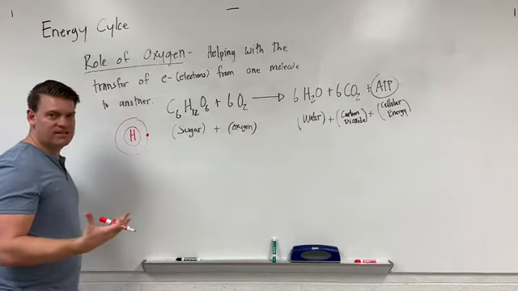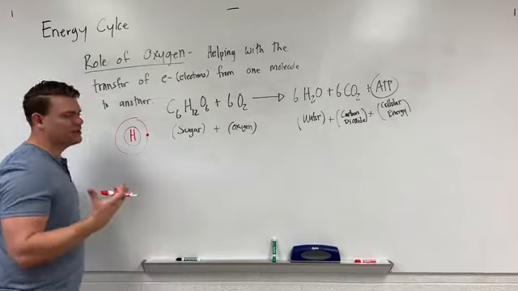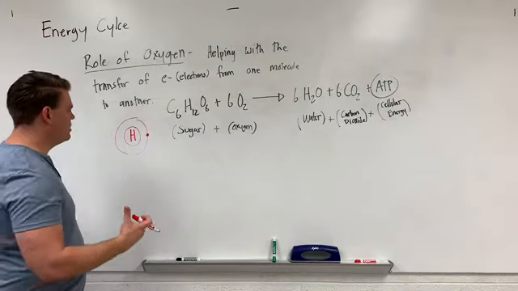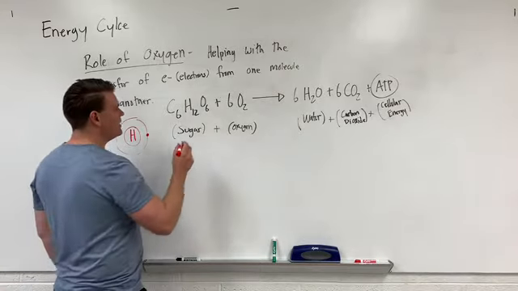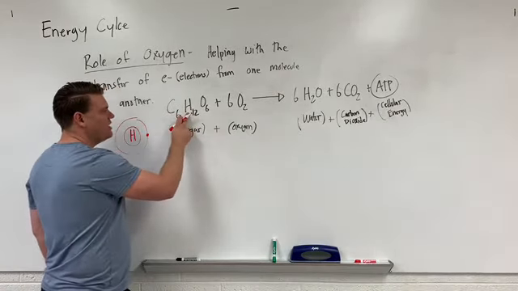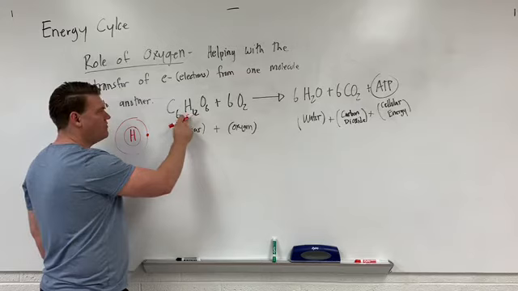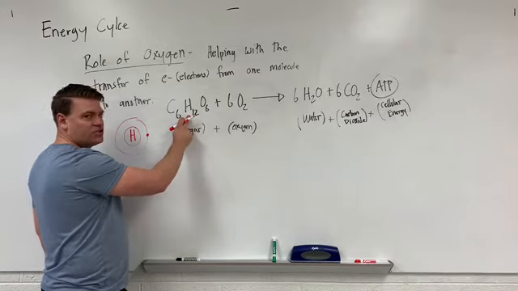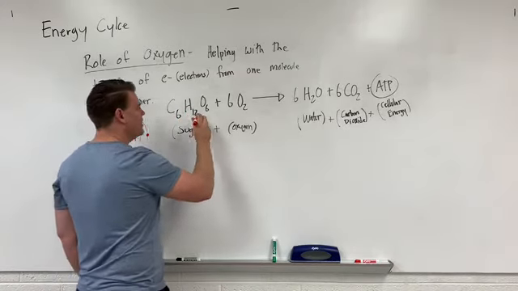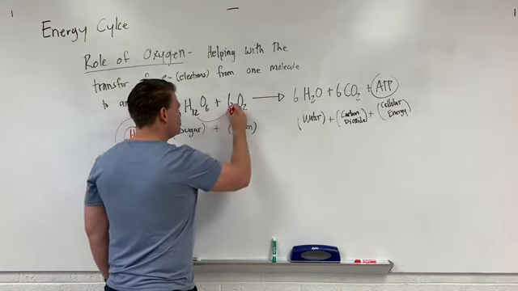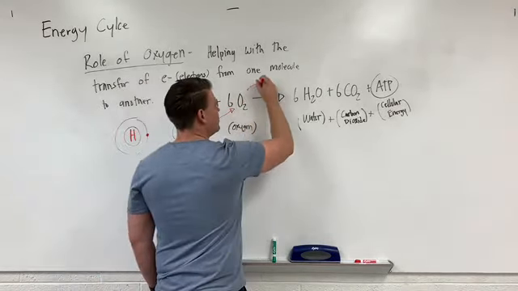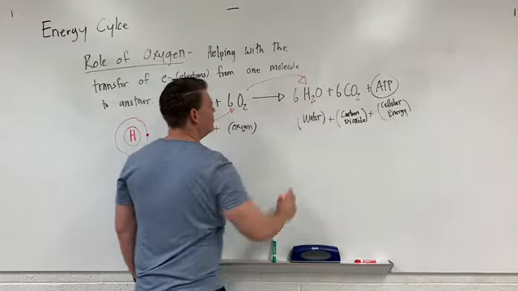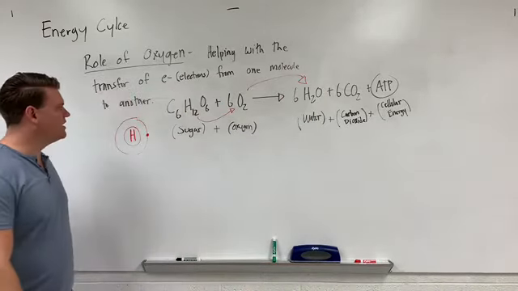And so we're going to be seeing this when we look at this later on in the chapter. When we do cellular respiration, we're going to see the movement of this electron. And what ends up happening is that the electrons that are part of these 12 hydrogen atoms here are going to end up moving to our oxygen, which then creates our water, right?